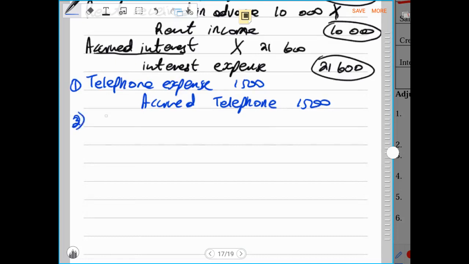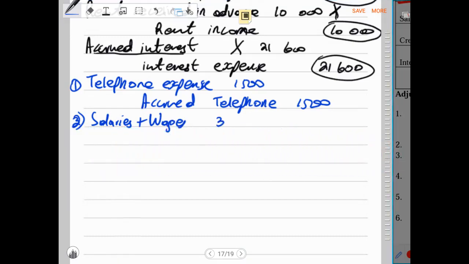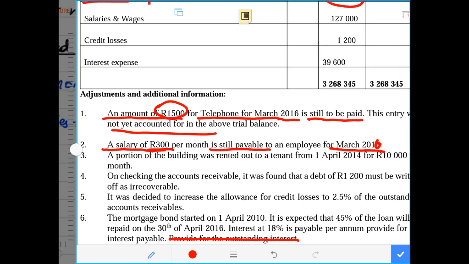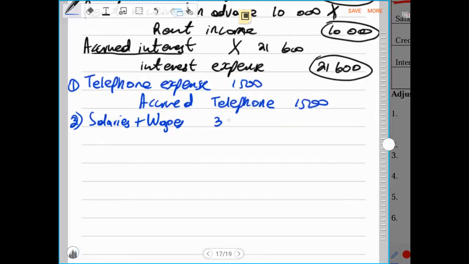We debit salaries and wages, an amount of 300 rands only, which was not yet paid by the end of the month. Then we credit our accrued salaries and wages.